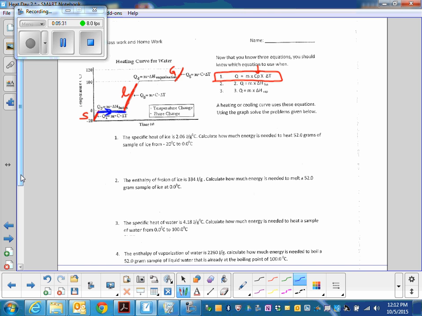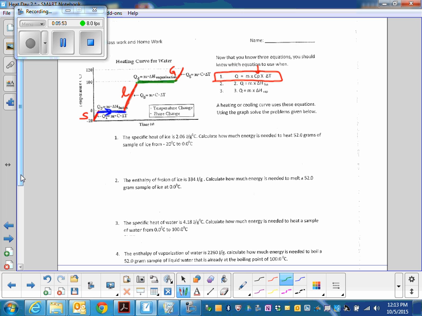Solid becoming a liquid is melting, so you will use your enthalpy of fusion times mass. There is no change in temperature. And along this line, you will use Q equals M times enthalpy of vaporization, because the liquid is becoming a gas.